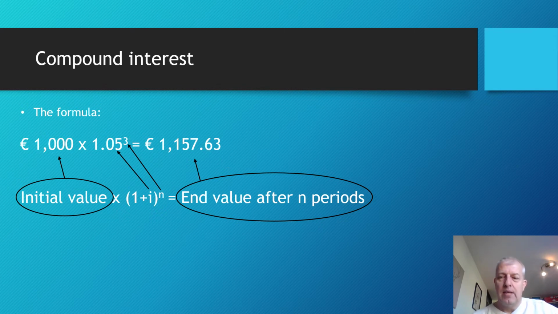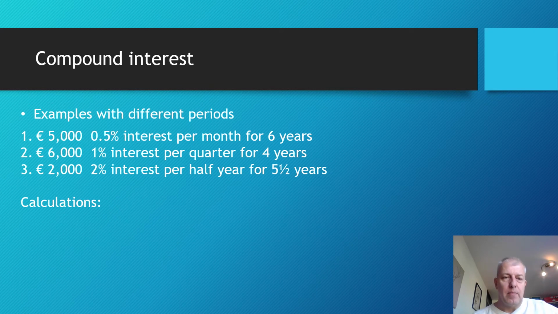All right. Let's give you some examples. In order to get the periods right and the interest rate right, I've come up with 3 examples, and in a minute I'll ask you to pause the video, and I want you to try to calculate the n value of these 3 examples. So the first one being 5,000 with 0.5% interest per month for 6 years, and the second one 6,000.